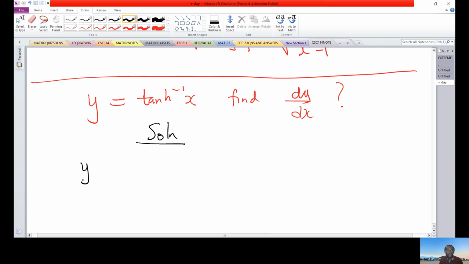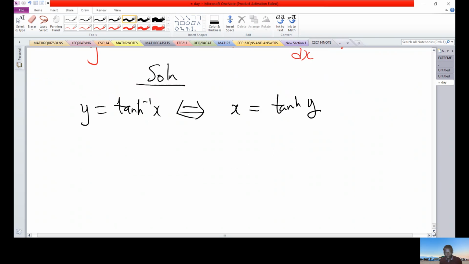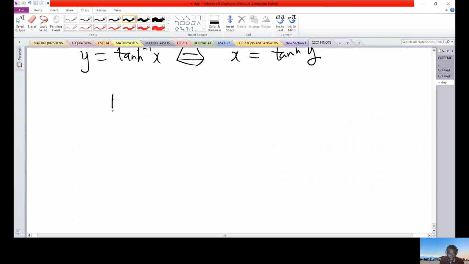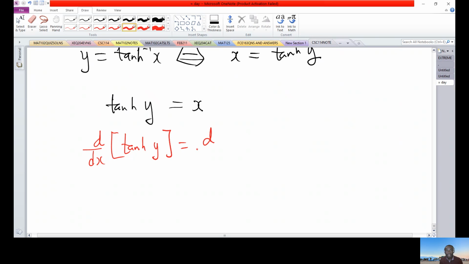So this is the same as saying that x is the same as hyperbolic tan of y. And then you write this one as hyperbolic tan of y equals x. Now in this new equation, you introduce d/dx on both sides. So we have d/dx of hyperbolic tan of y will be d/dx of x.